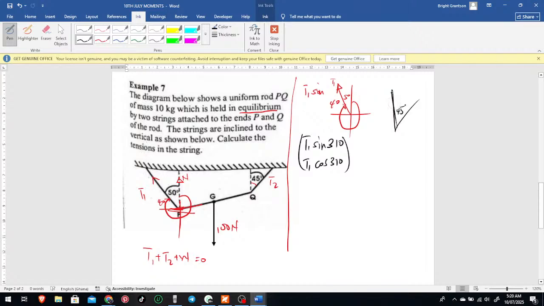So if you're reading from the north, it's T2. So T2 sine 45, T2 cos 45. Plus the weight. The weight is 180.